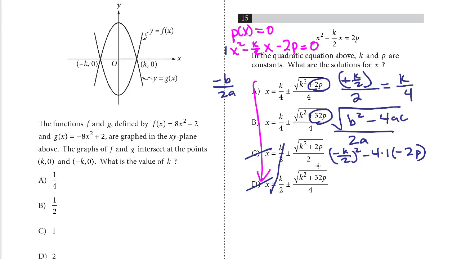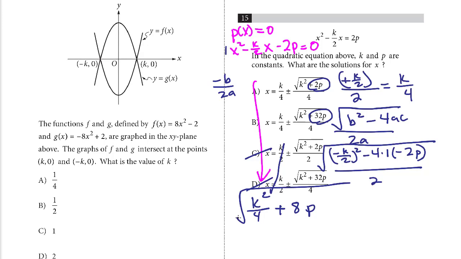That is the discriminant, and then it's over 2 times 1, which is 2. So that works out to k squared divided by 4 minus 4 times minus 2p, which is plus 8p in the radical, divided by 2.